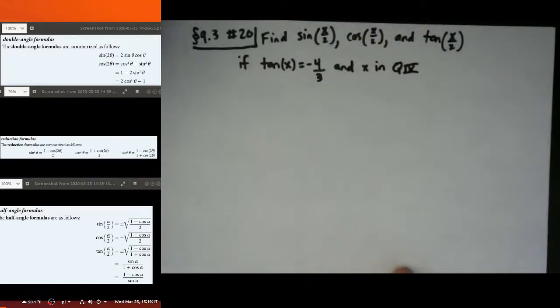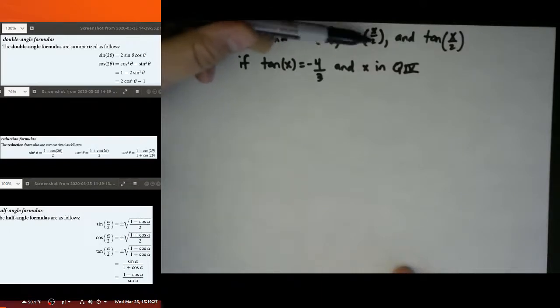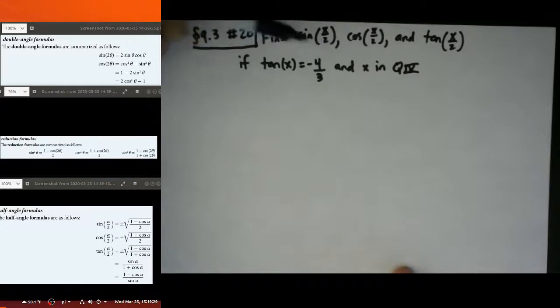Okay, so there's only one little trouble with this, in that we're now wanting to find the sine of this thing and the cosine of this thing and so on, and we're going to need to know the sign of those expressions to decide whether we're going to put a plus or a minus in the front here.